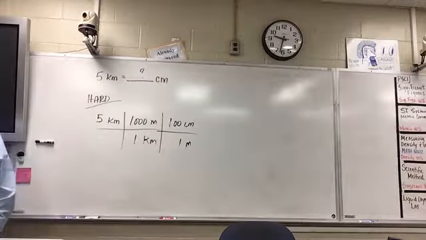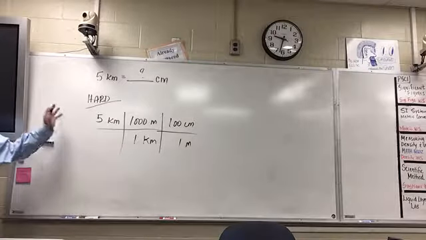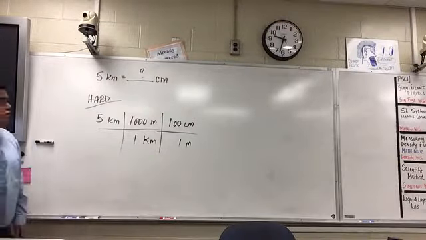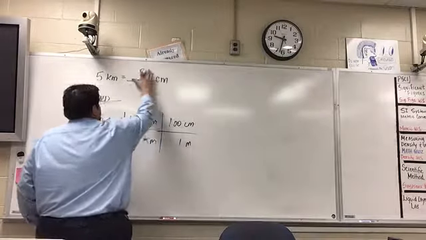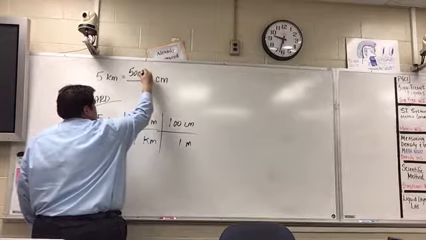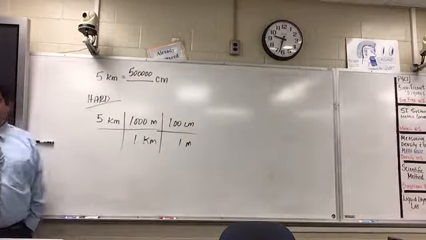Okay, so now that I do this, all I got to do is math. So all I got to do is 5 times 1,000 divided by 1 times 100 divided by 1. All right, and when you do that, you're going to get a number. You're going to get 500,000.